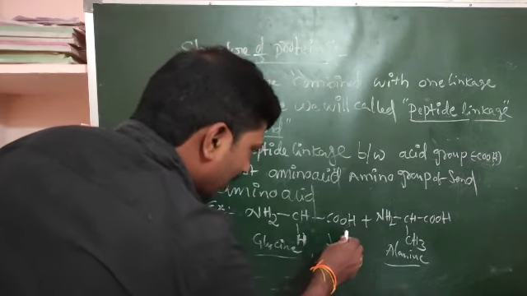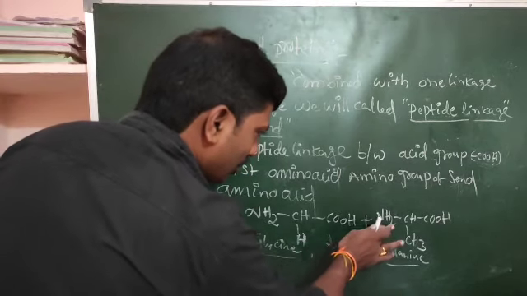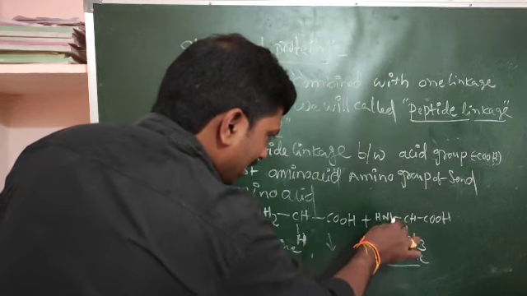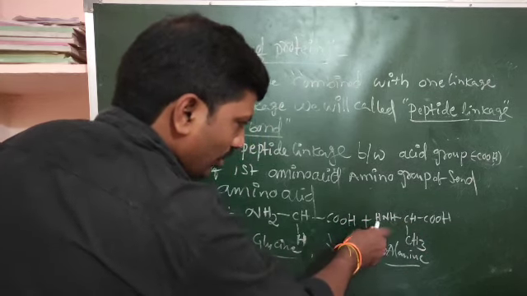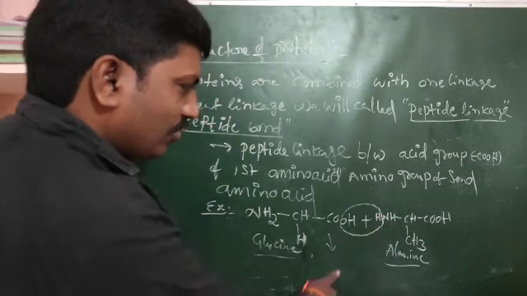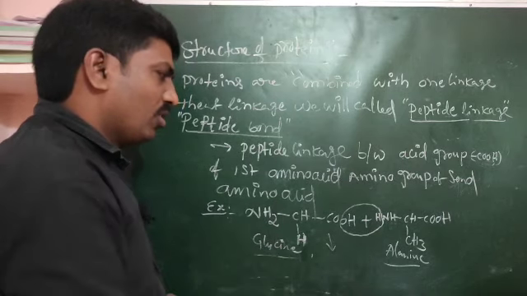There is a loss of a water molecule: the H from the NH2 of alanine and the OH from the COOH of glycine. Glycine and alanine lose a water molecule.